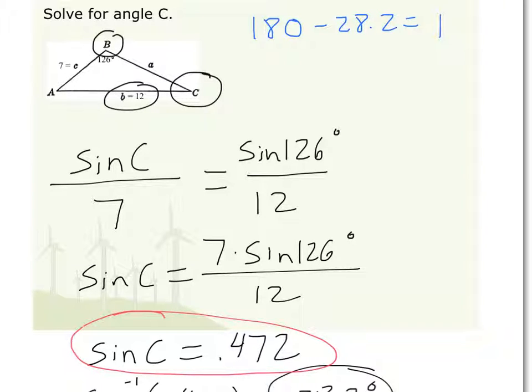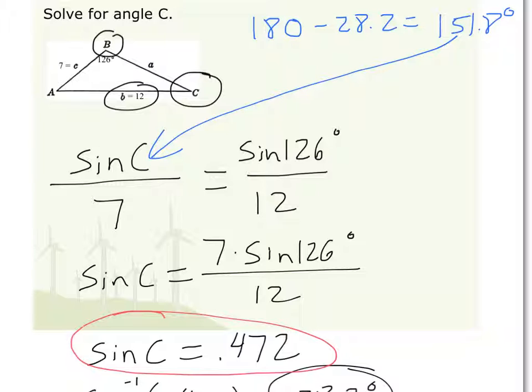Okay? That equals 151.8 degrees. Now, we're not saying that that angle is even possible, but if we plug that in for angle C, it would work. It would be a solution.